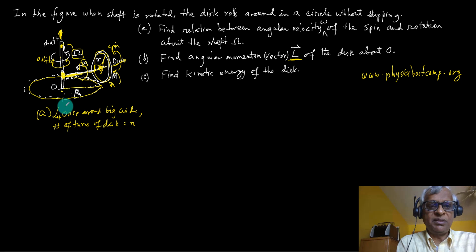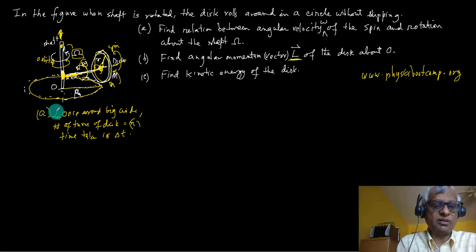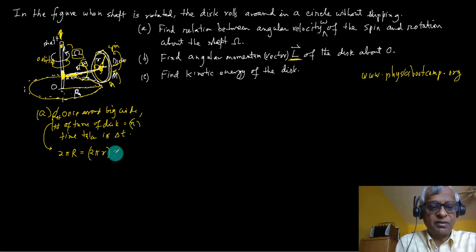So you can see the distances, and let's say the time taken is delta t. I have to figure out how much angle will be the same. The distance when I go once around is 2 pi R, which equals 2 pi little r times n.